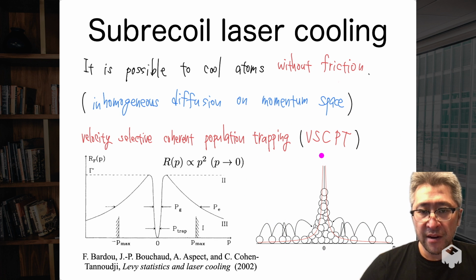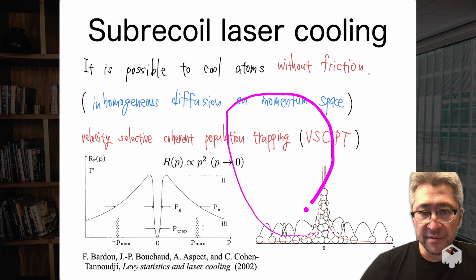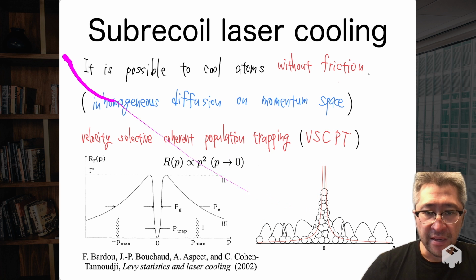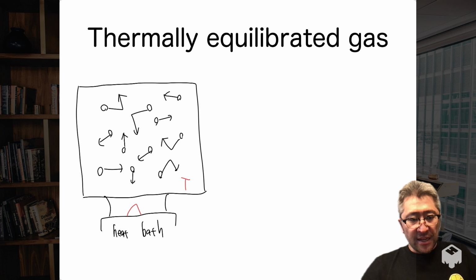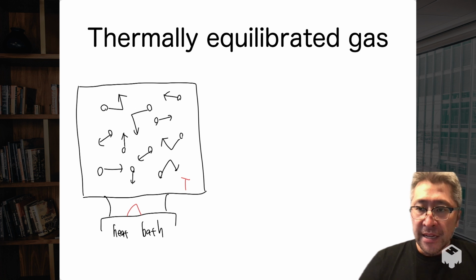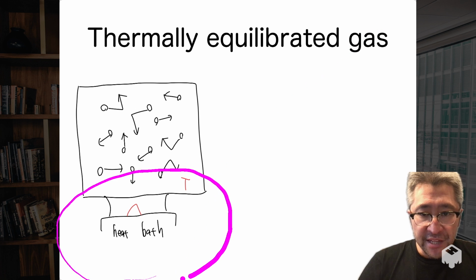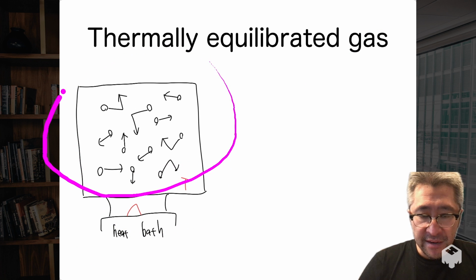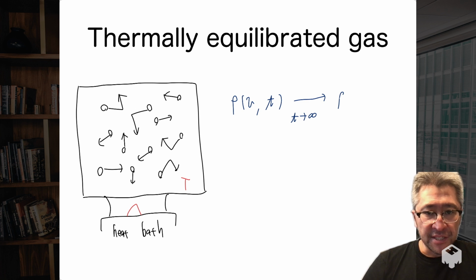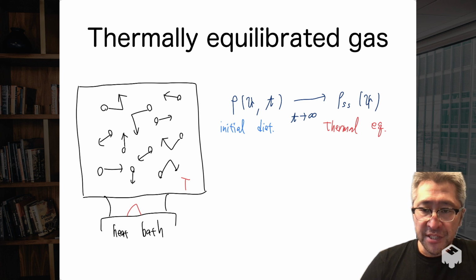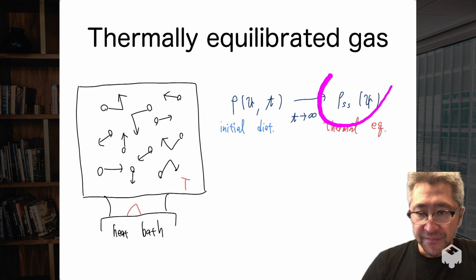Here we use this type of cooling mechanism, which is called subrecoil laser cooling. Consider a usual thermal gas. The gas is attached to a heat bath and the temperature is fixed as T. The propagator of the velocity goes to some steady state.